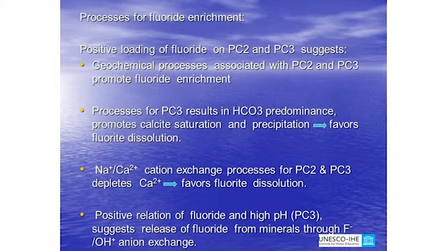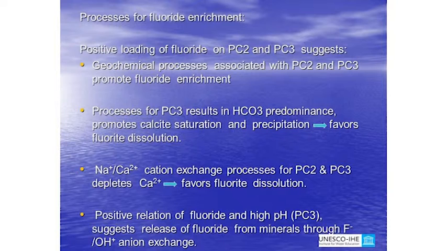Now, in the same way, the sodium-calcium cation exchange that is also happening in the aquifer system also depletes calcium from the groundwater, which in turn favors the dissolution of fluorite, and for that matter, fluoride enrichment. Now, the third mechanism is that fluoride shows a relation with pH.